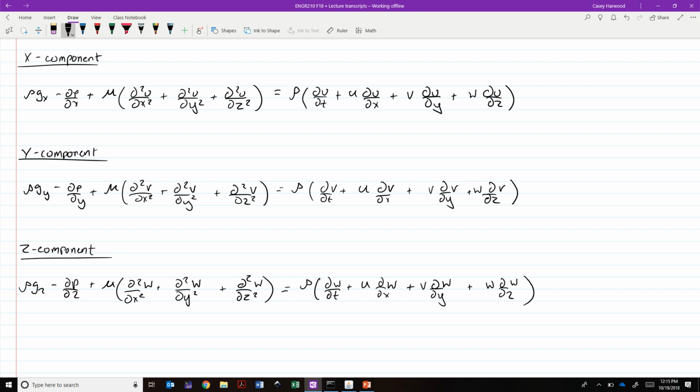Now, why are these more useful than the general equations of motion we had before? Well, if we count up the number of unknowns, now we've got P, U, V, W. We've got only 4 unknowns. We still only got 3 equations to work with.